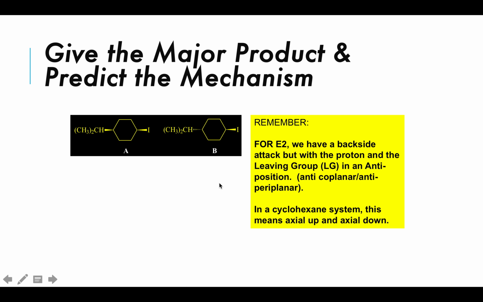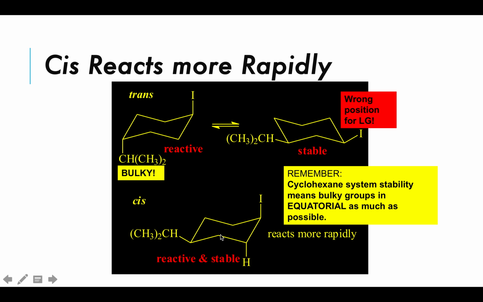If I did the other option, the cis option, okay, my iodine will be in an axial up, and my isopropyl will be in an equatorial up.